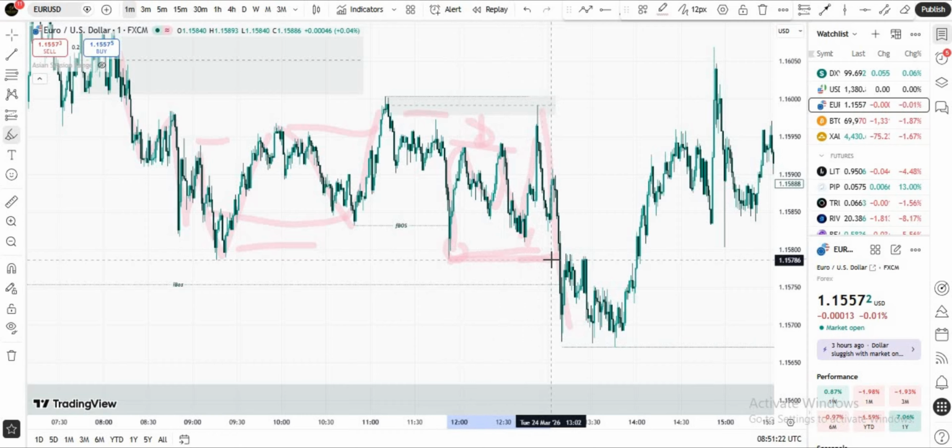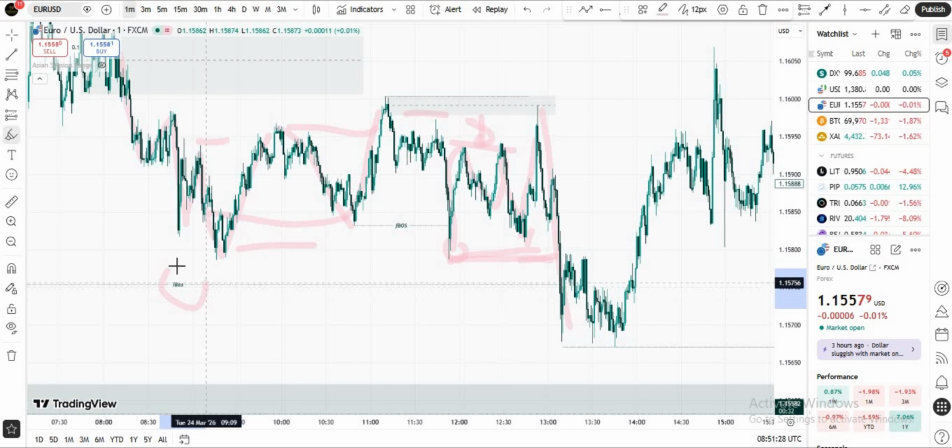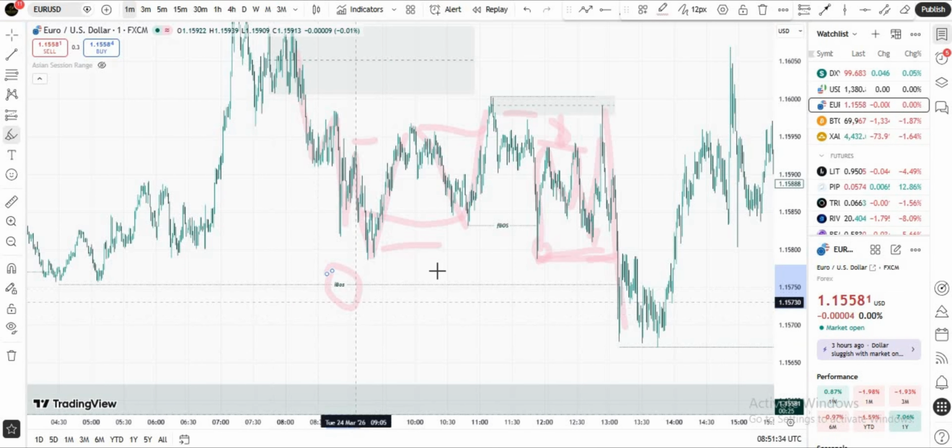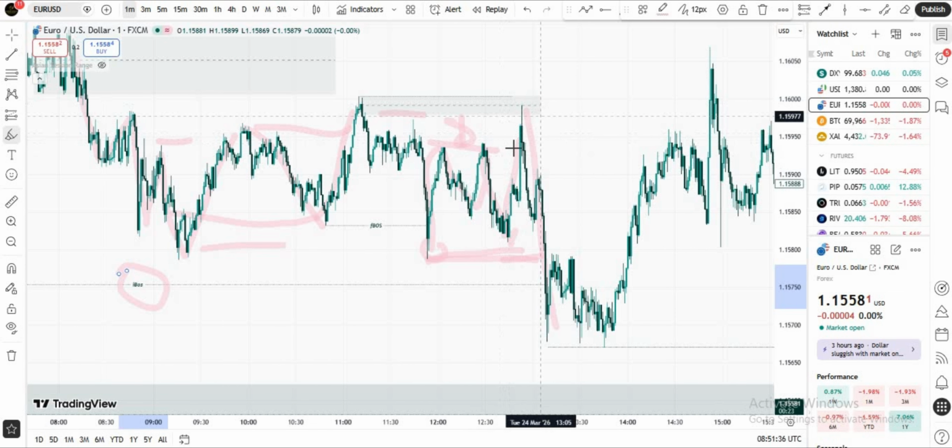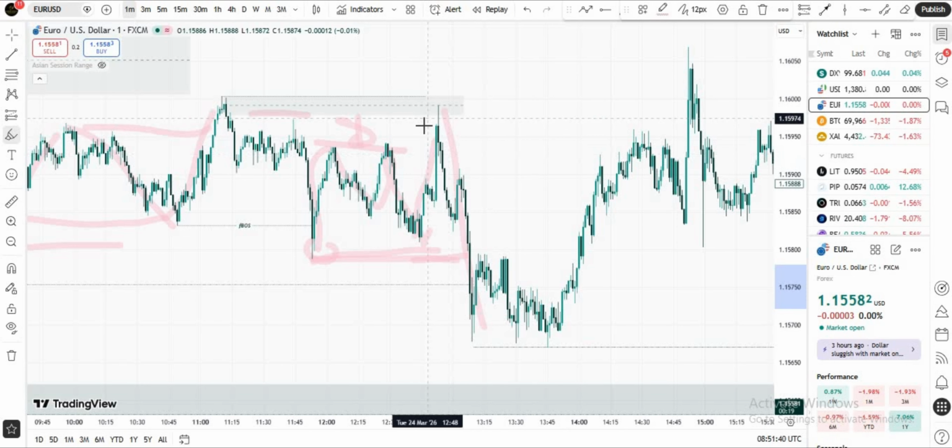Not only this fractal low, we also caused price to break the 5 minute internal low, which then tells us that there will be an order at this point, at this inducement liquidity point, right?